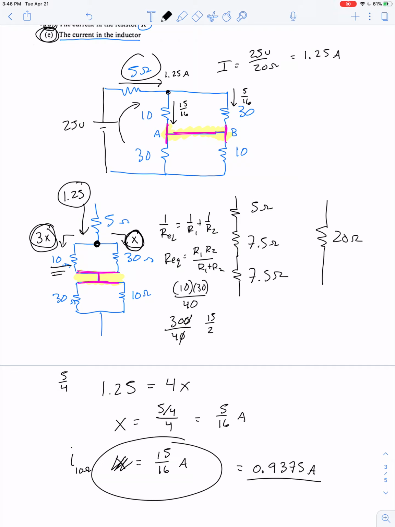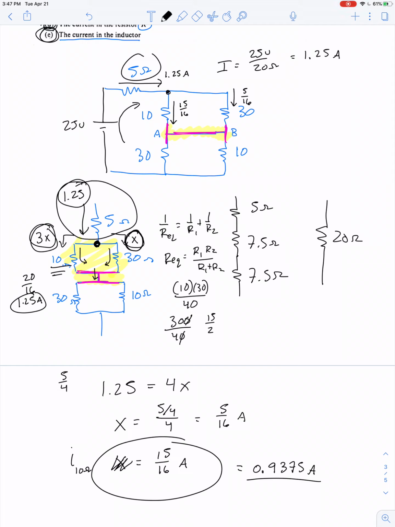Well, I think we can argue that those currents, if we look down here, the 15/16 and the 5/16 recombine and flow here. 15/16 plus 5/16 is 20/16, but that's right back to that same 1.25 amps that was flowing through the 5 ohm resistor.